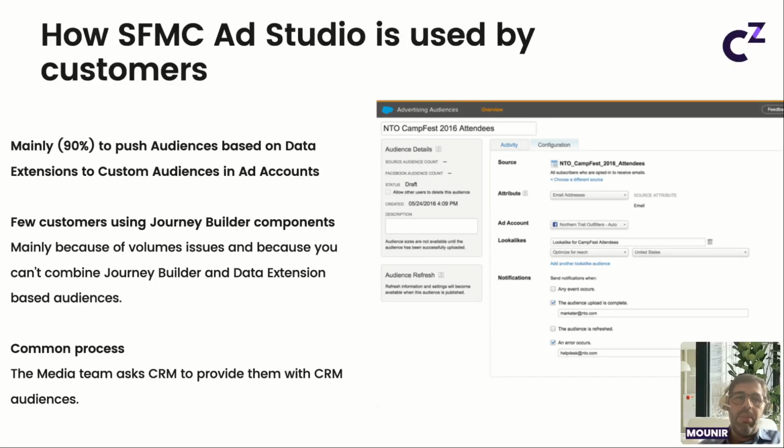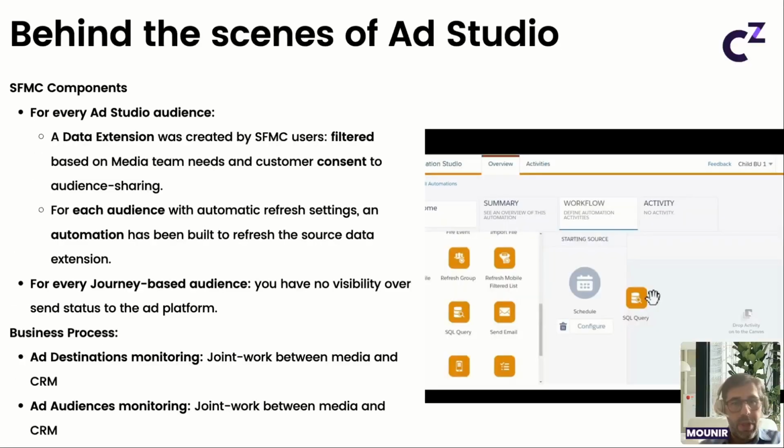And it goes through email, phone calls, or anything, but the media team is usually the one asking for CRM audiences and not the other way around, which is a pity if you ask me.